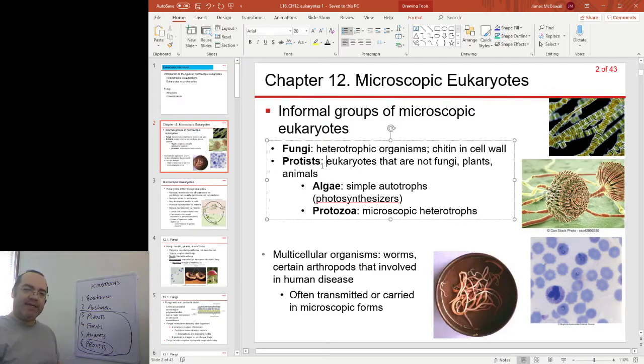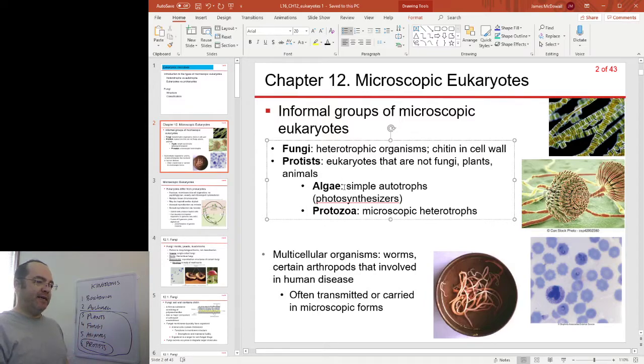If you were working in taxonomy or classification right now, you would not be using the term protist to define a group of organisms. Within the protists, I'll use the term protist just because it's a term that kind of denotes simple organisms, either single-celled organisms or organisms that have a simple structure.